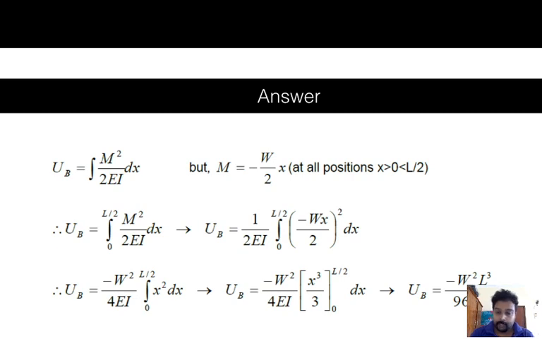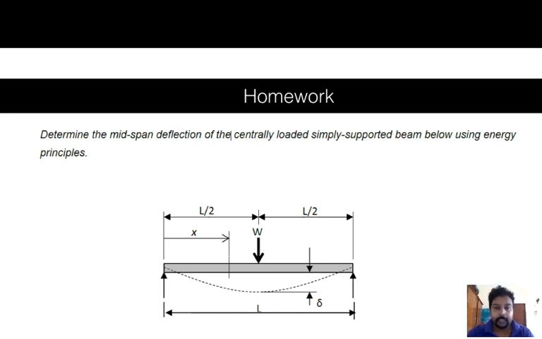But if you look at the previous picture, if you take one end A, the reaction force acting at point A is equal to half W. So if you take the moment in the x direction, the moment will only be applicable through the A end.